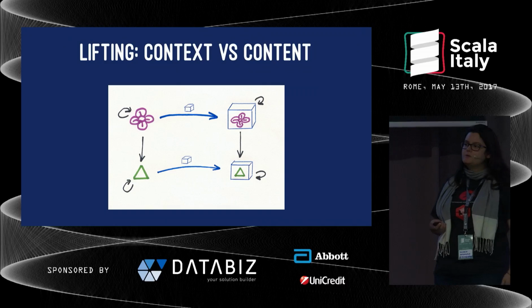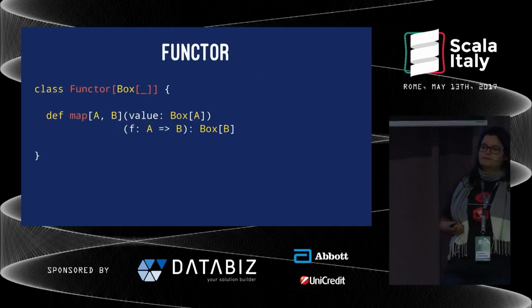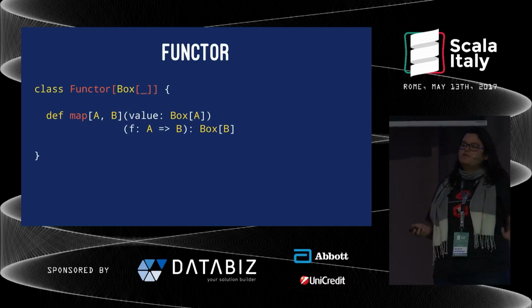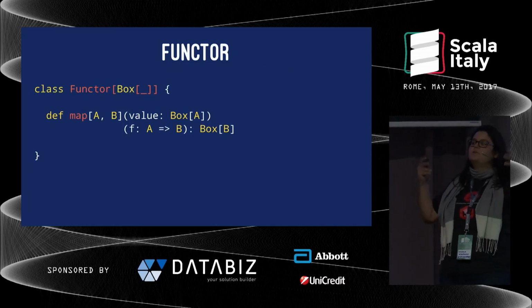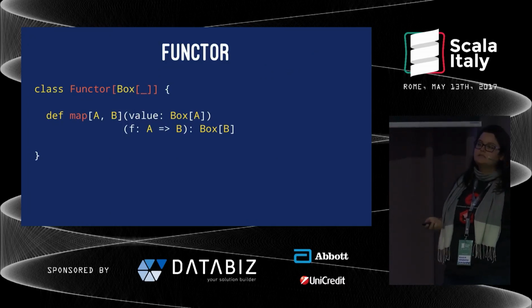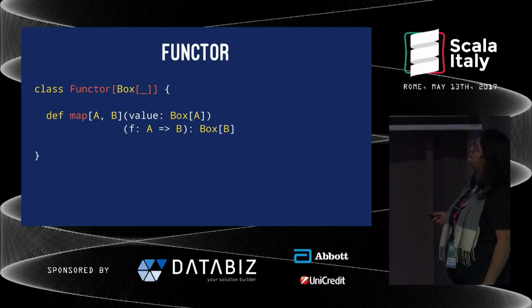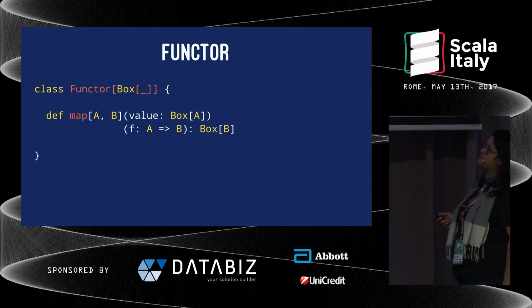So, how do the cool kids call this? This is a functor. So basically, the functor is the idea of having some extra information about your data. I've changed this slightly from the Cats code, but basically it's exactly what we're saying.